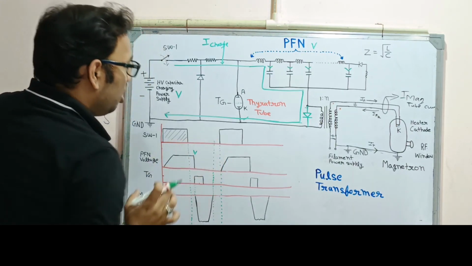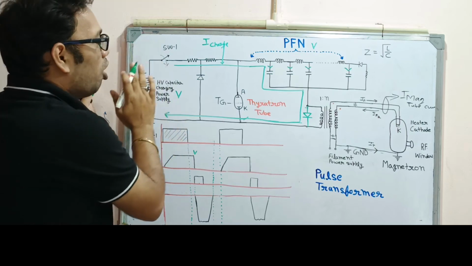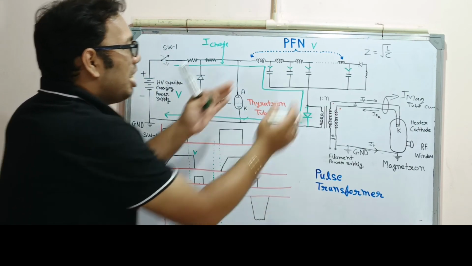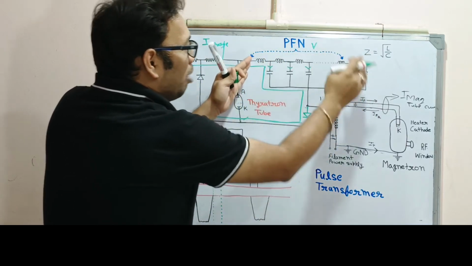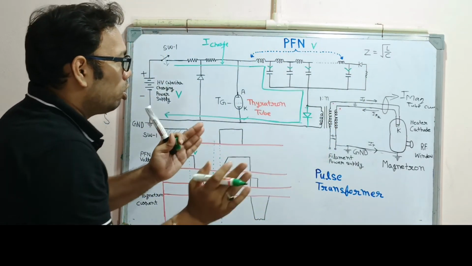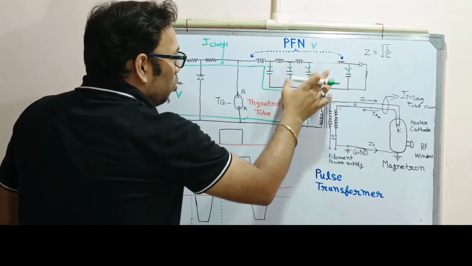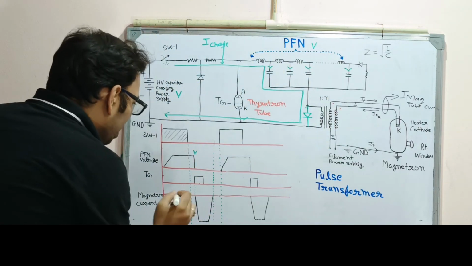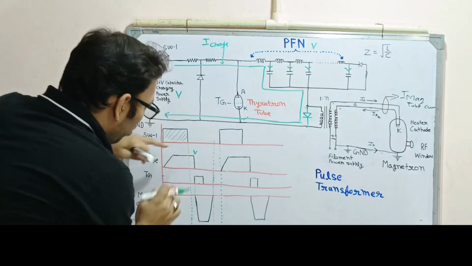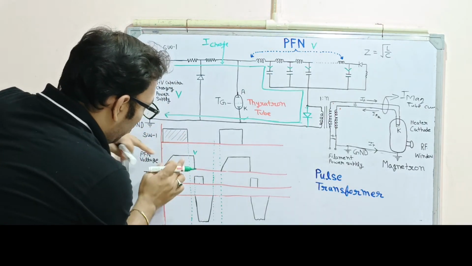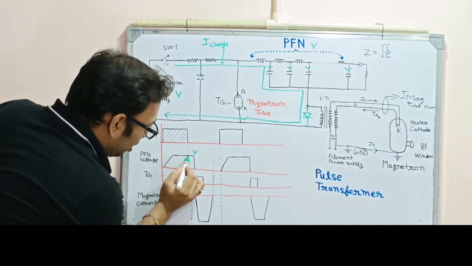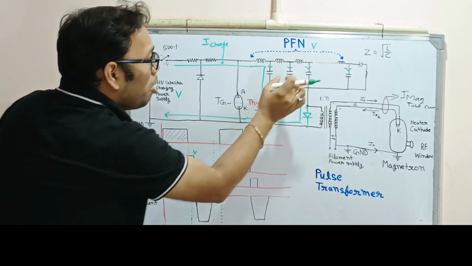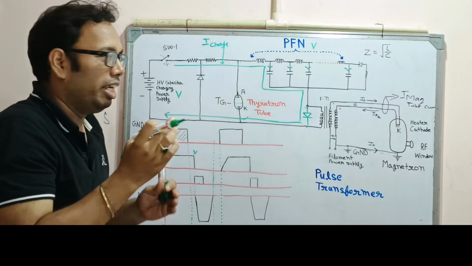In this period, the switch is turned off because I don't want this power supply. Now the thyratron will discharge, and this section now becomes a source. So this section I will use as a source for the pulse transformer. So now in this condition, when the switch is off, from this dot to this part, this is the PFN voltage holding period.